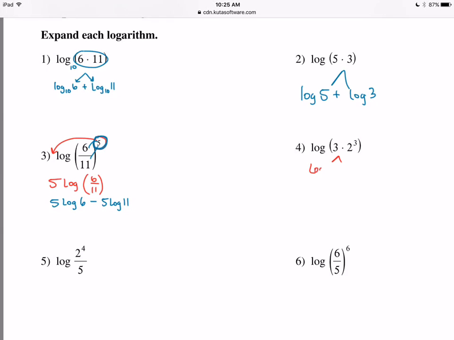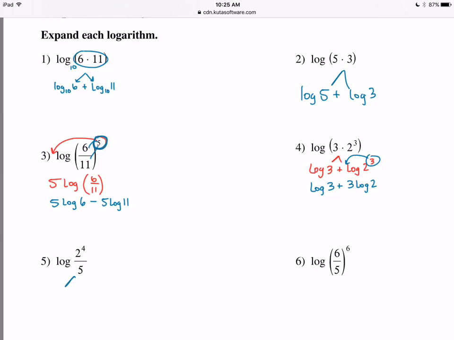This is going to be log 3 plus log 2 to the third power. Then we're going to move that third power in front. But see how it only affects that second logarithm. Log 3 is still log 3, but then it's plus 3 log 2. All right, so that's how we deal with a situation like that.